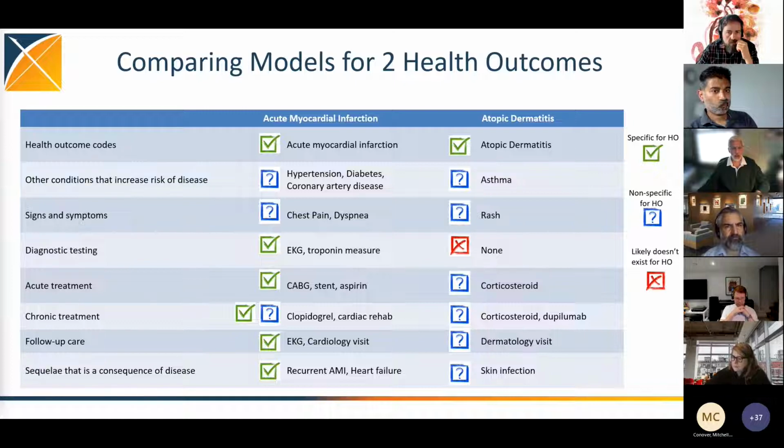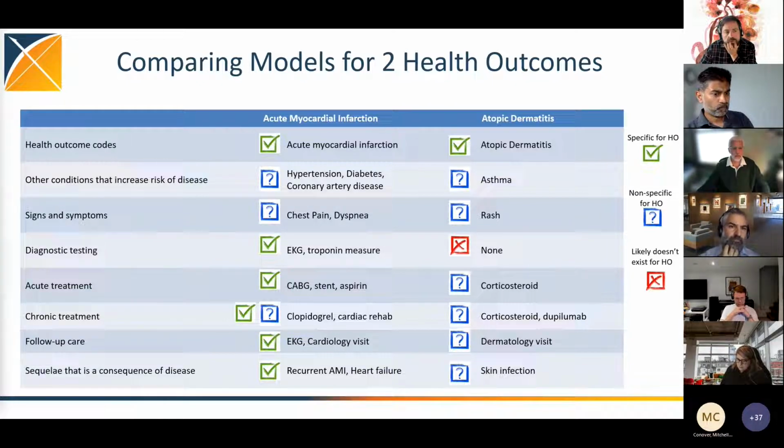The health outcome code for atopic dermatitis is very specific for atopic dermatitis, but other diseases that can cause risk, like asthma, are not very specific. There's no real good diagnostic testing for atopic dermatitis. The acute treatment, for instance corticosteroids, is very nonspecific. It can be used for a lot of dermatological conditions.